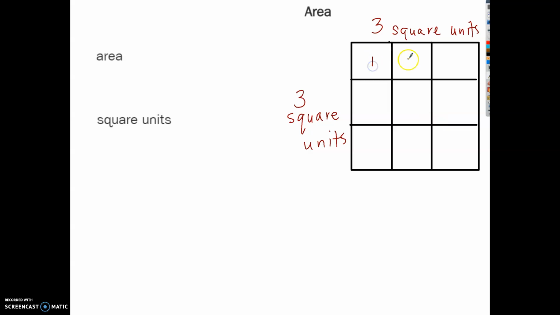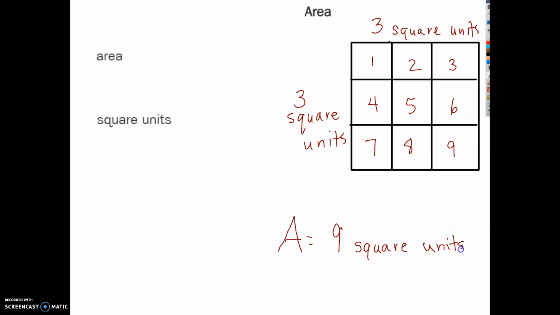So 1, 2, 3, 4, 5, 6, 7, 8, 9. The area of this particular square is 9 square units.